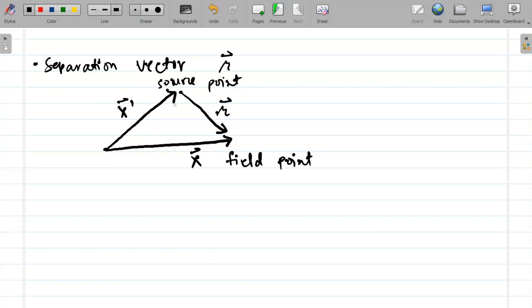Now, class, from this diagram, ano yung value ng ating field point? Anyone? Anong value ng x?